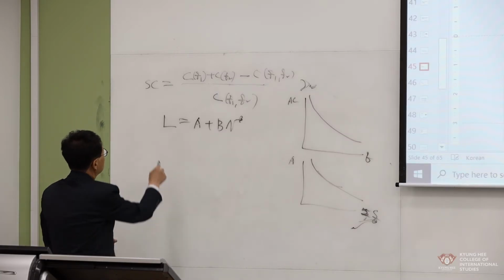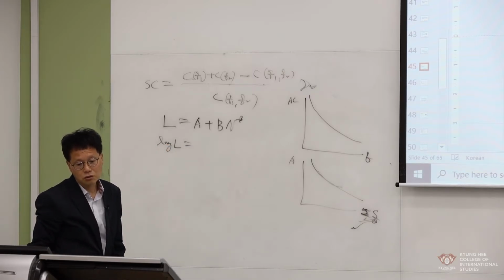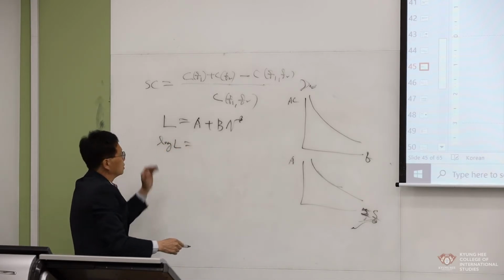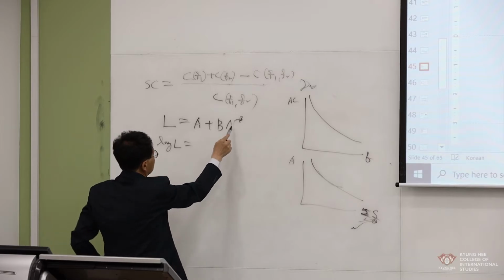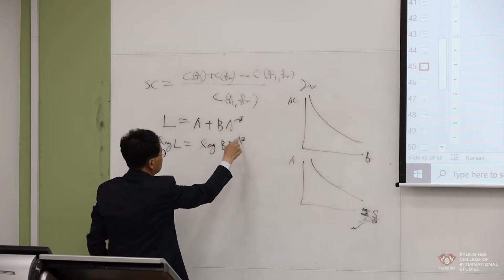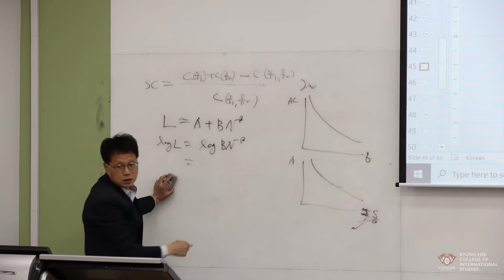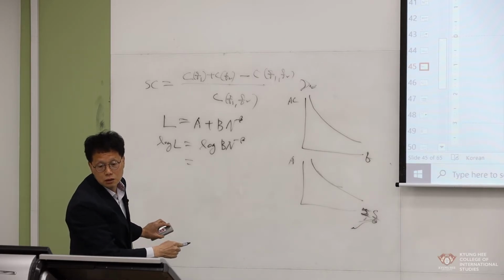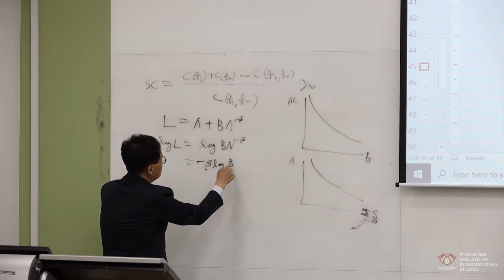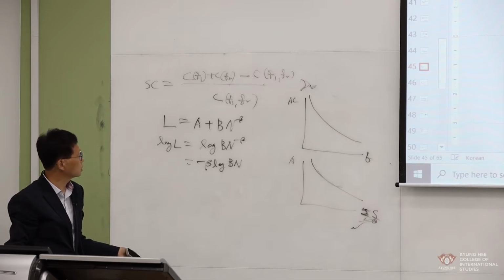Then we take the natural log: log L is equal to log A, which just disappears, for example, then log B n to the minus beta, right? That means minus beta moves here, then minus beta log B n. B is a constant, n is a constant number like this. Right?